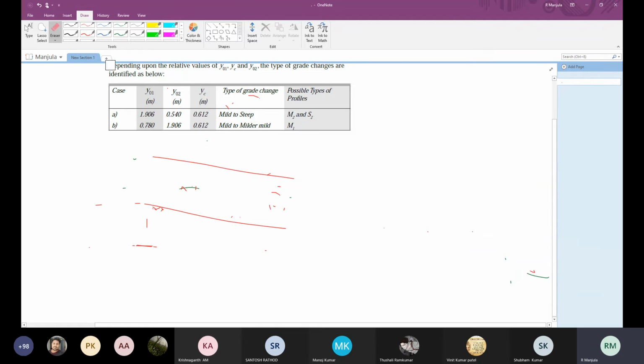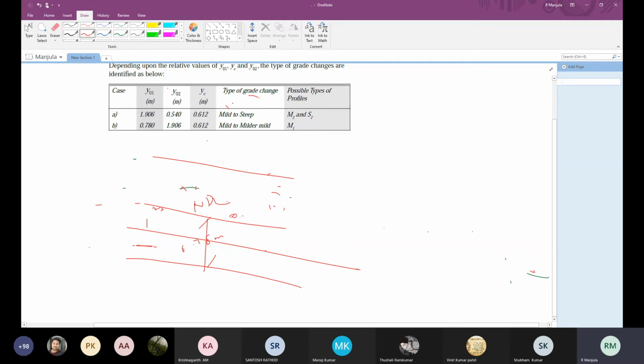So you can see your normal depth is 0.78 meter. Now this is going to be your normal depth, 0.78 meter. And what is your critical slope, critical line? This is your NDL.